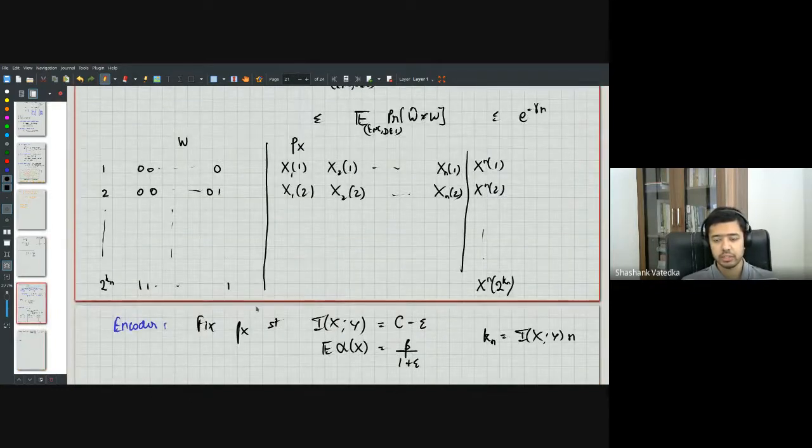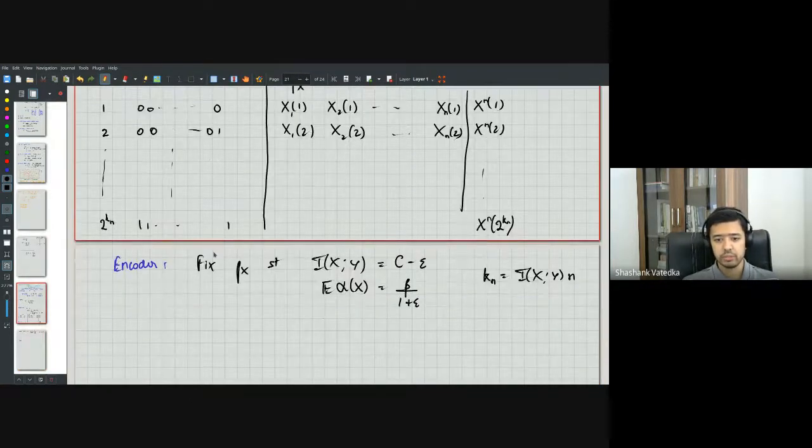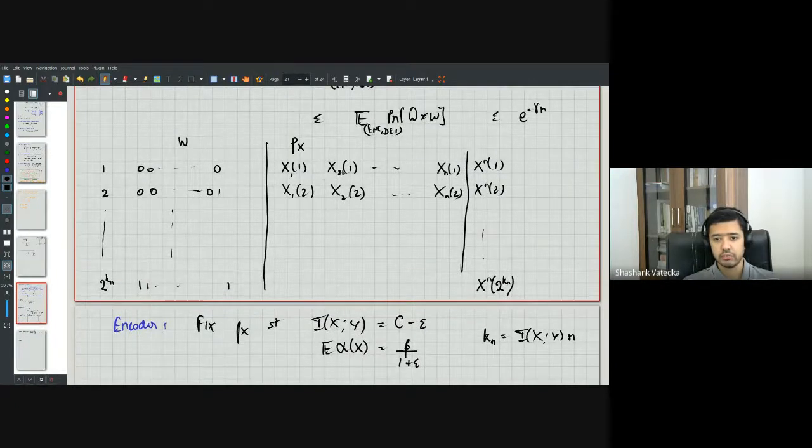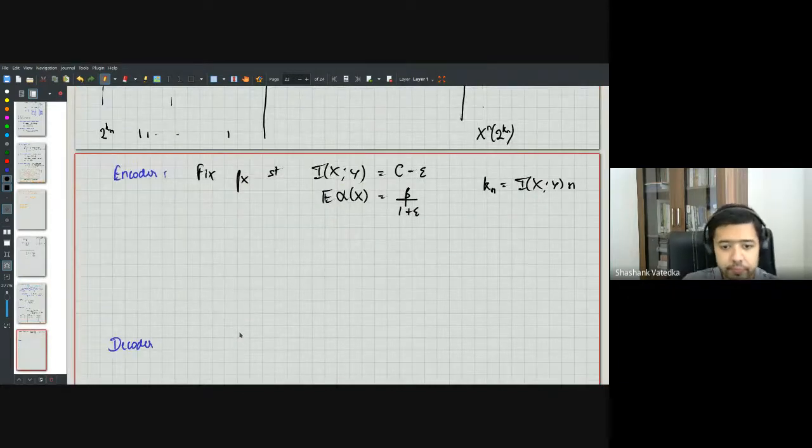Okay, so that fixes all these numbers. Now you generate each of these entries. So basically your goal is to generate this table of code words. Each entry of this table is generated IID according to px. Okay.